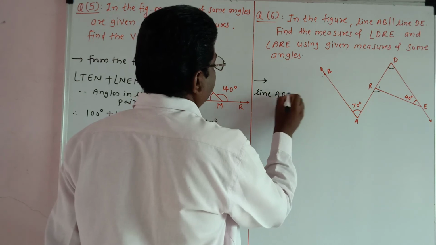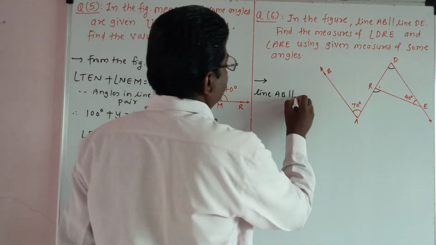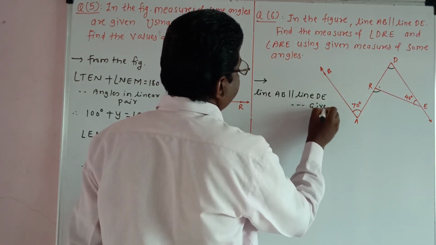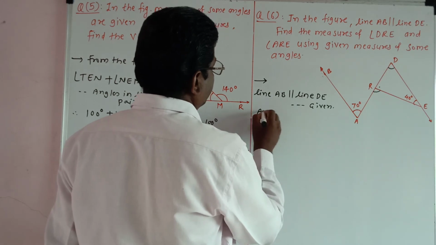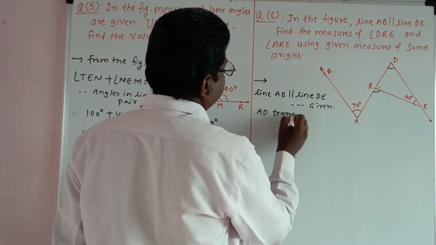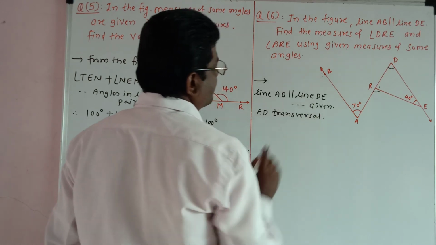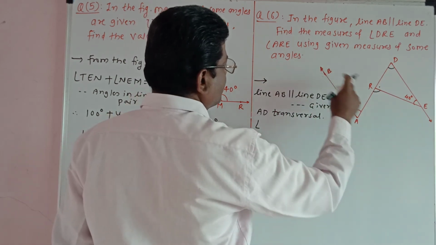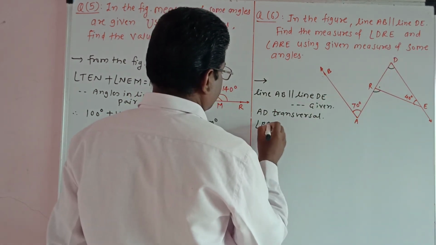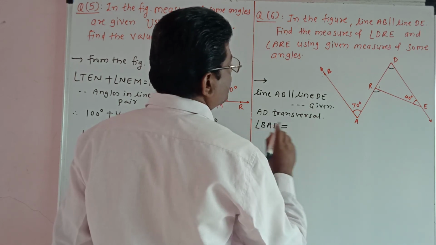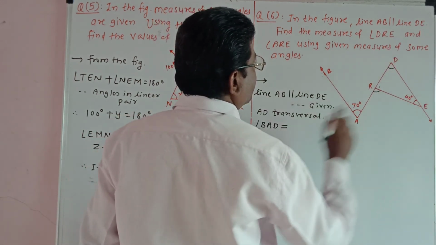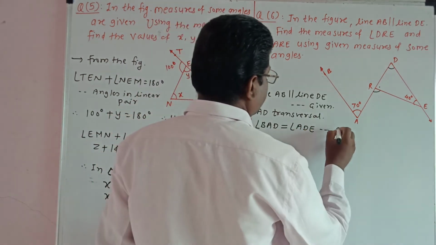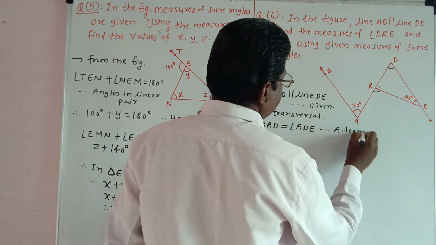Line AB parallel line DE. It is given. AD transversal. Now AD is a transversal. Therefore angle BAD is equal to angle ADE. Alternate angles.